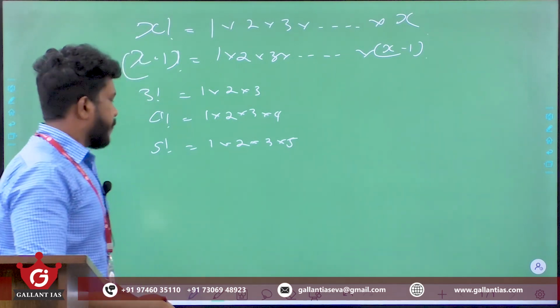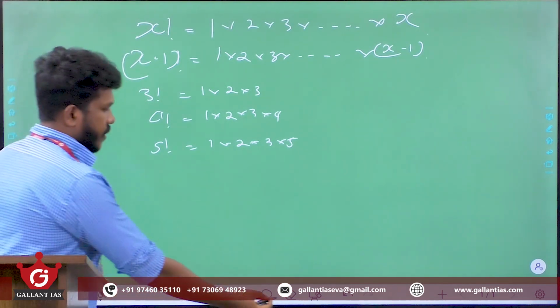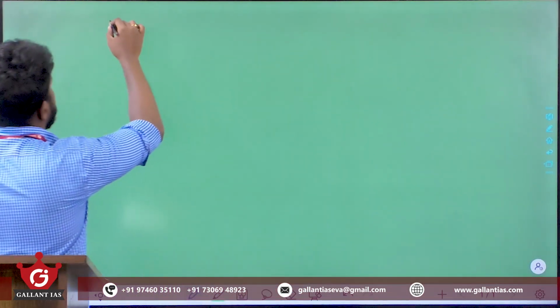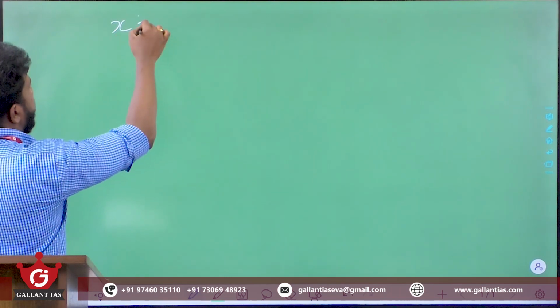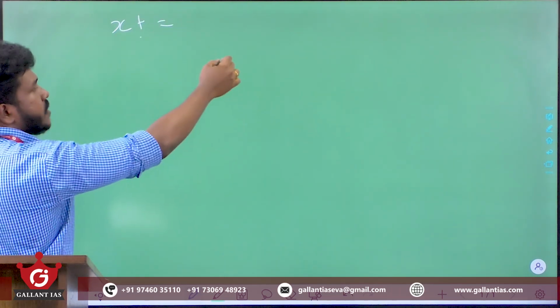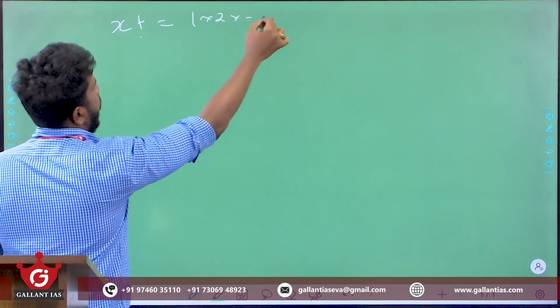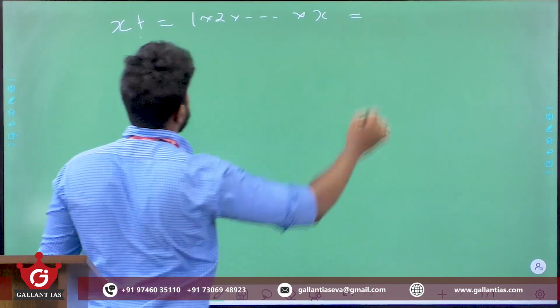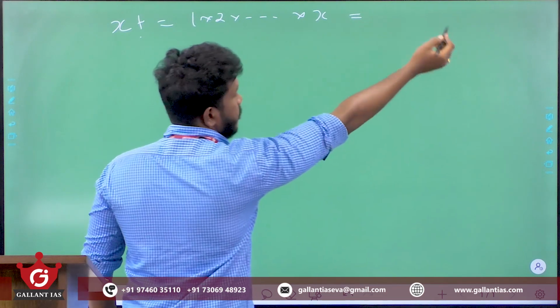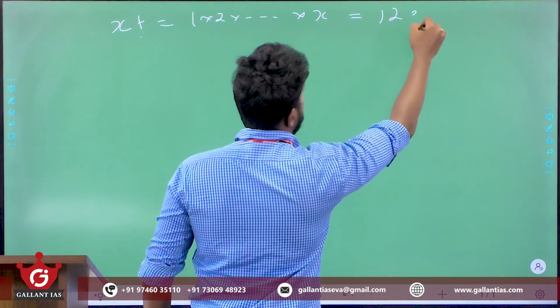Okay, so here the question is saying that x factorial, that is 1 into 2 into etc. up to x, contains 12 zeros, right?